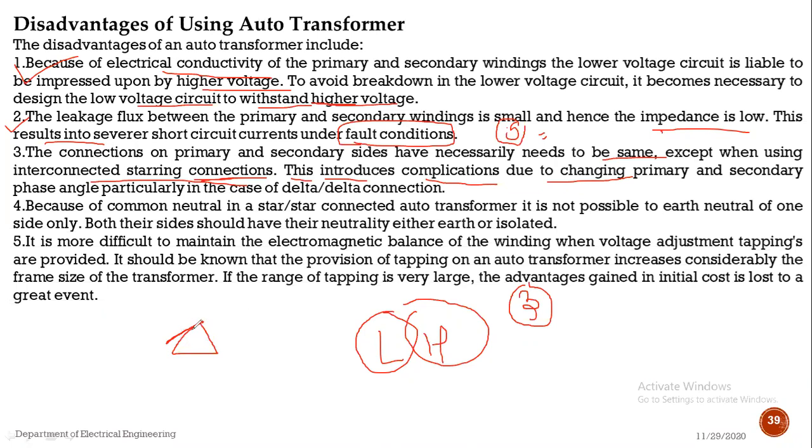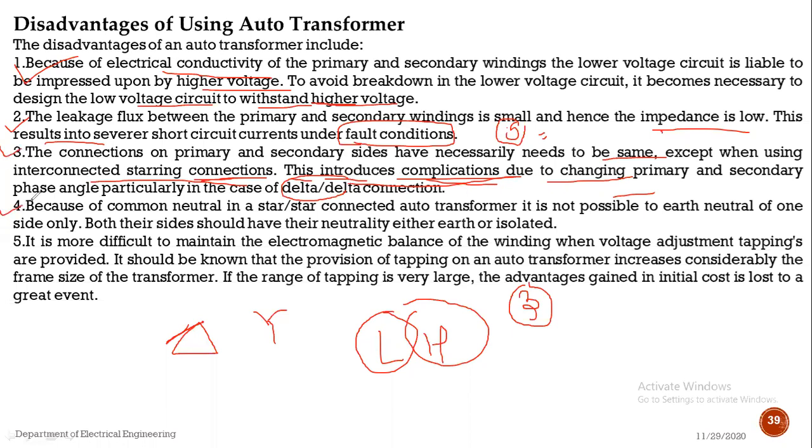The star connection is the Y connection. In delta delta connection, if the primary is connected in delta, the secondary is also connected in delta. When we want to change the phase angle, there is a complication. So this is the third disadvantage.